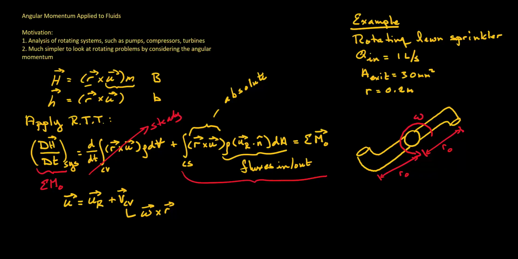And we are also assuming that the water is exiting tangentially. What we want to find is the torque to keep the sprinkler stationary, the torque needed to keep it at a constant rotation rate of 500 RPM, and the speed of rotation if no torque is applied.